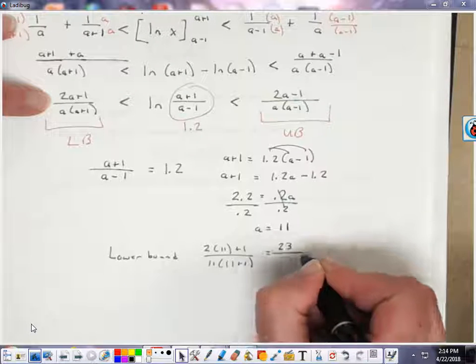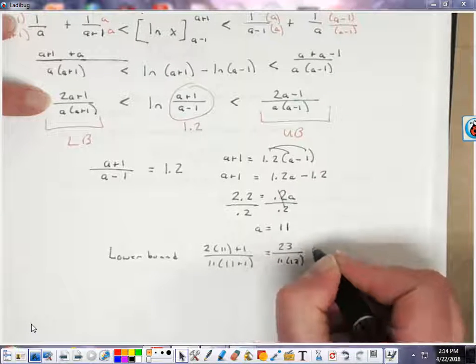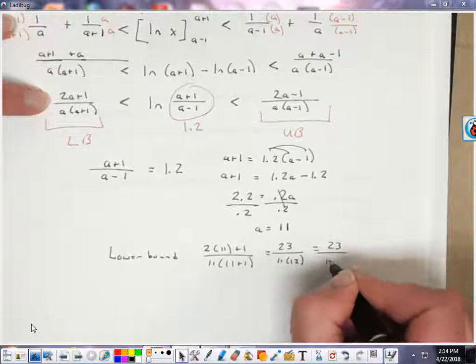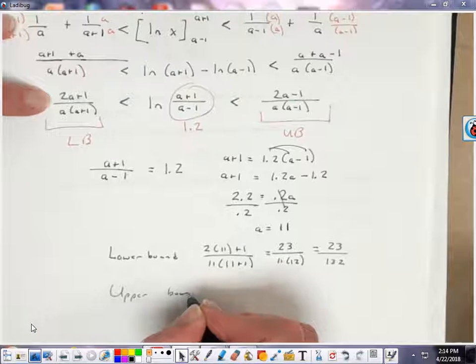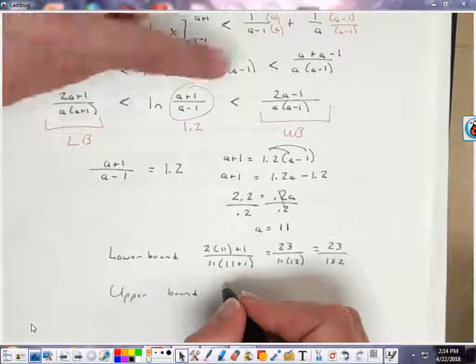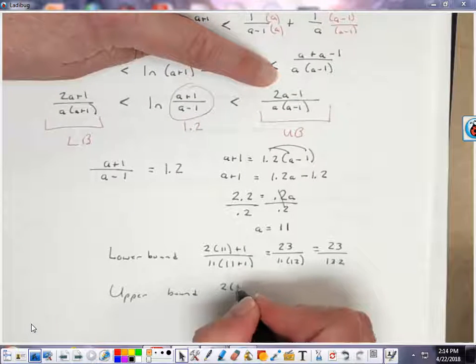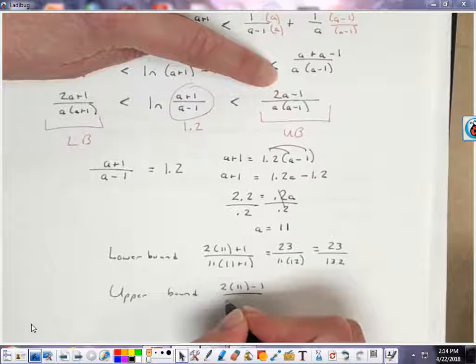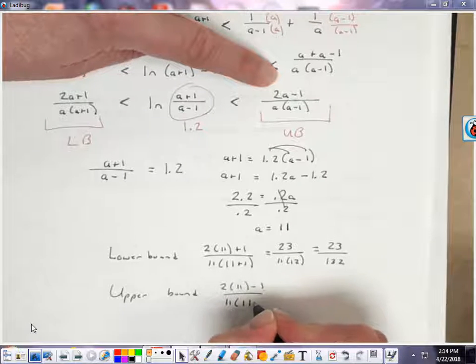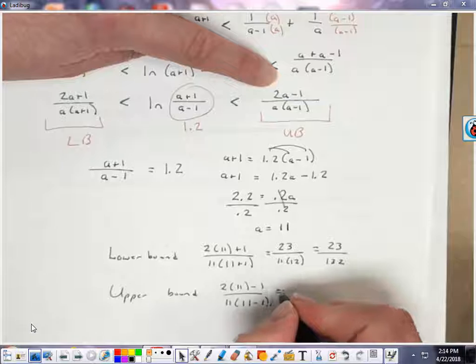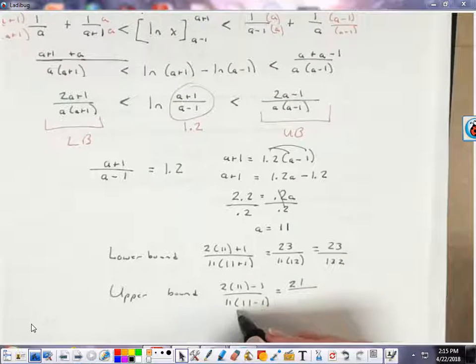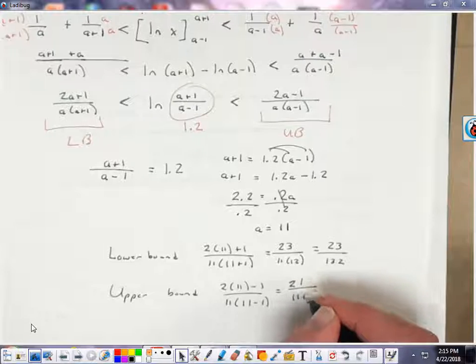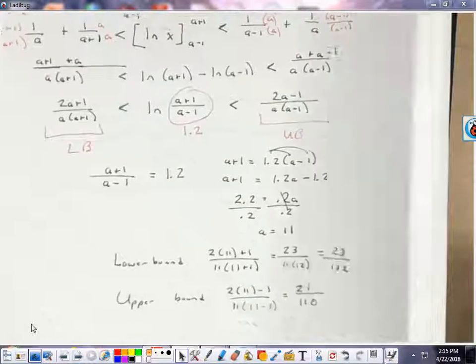So 23 over 11 times 12, 23 over 132, and then your upper bound, go over here, 2 times 11 minus 1 over 11 times 11 minus 1, so 21 over, this is 11 times 10, so 110, and so we have conquered that part.